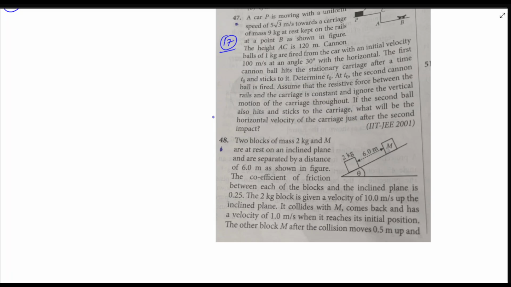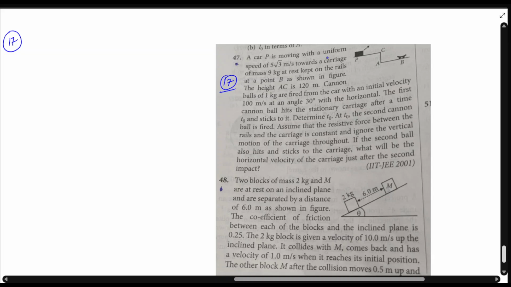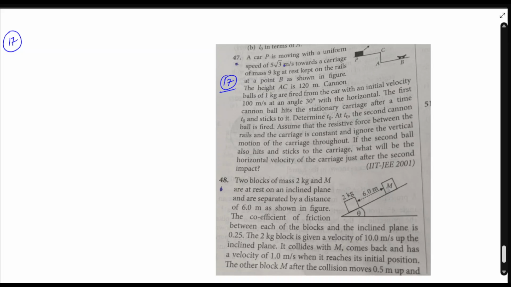Now in this question, we have a car moving with the uniform speed of 5 root 3, okay, towards a carriage of mass. So this is the carriage, 9 kg kept on the rails at a point B as shown in the figure.